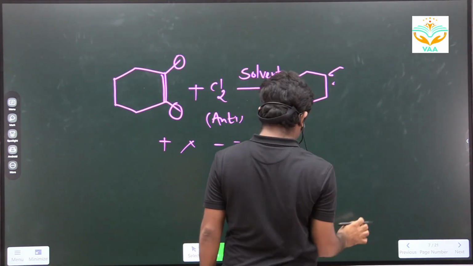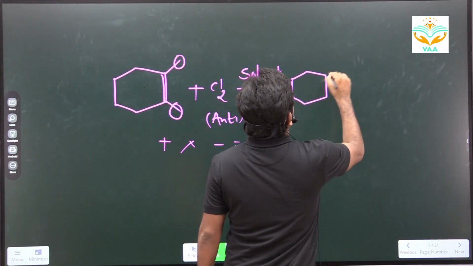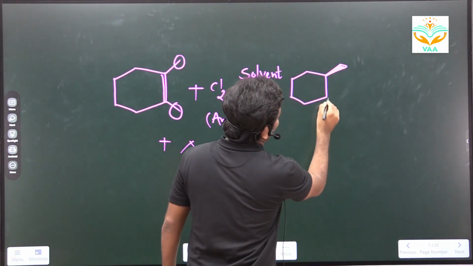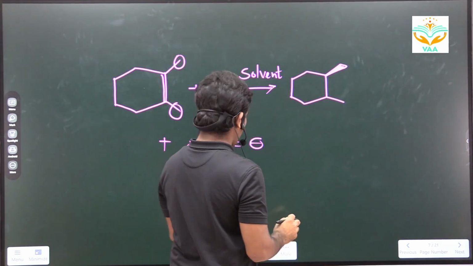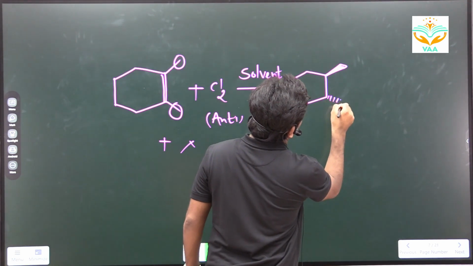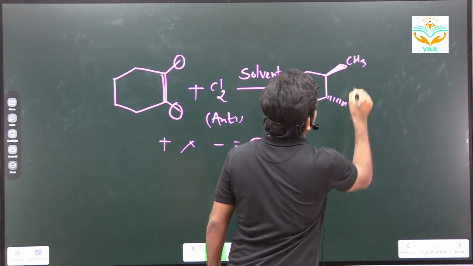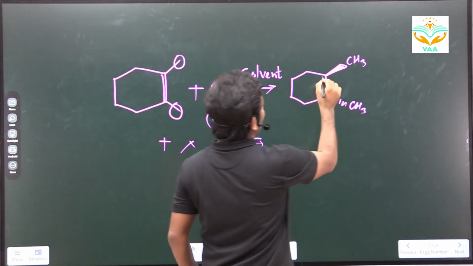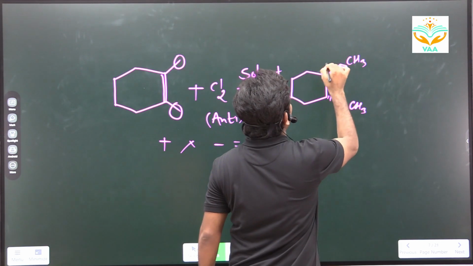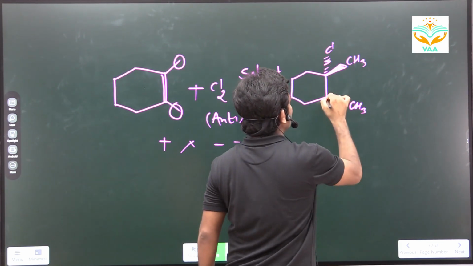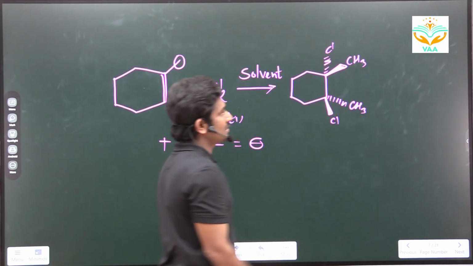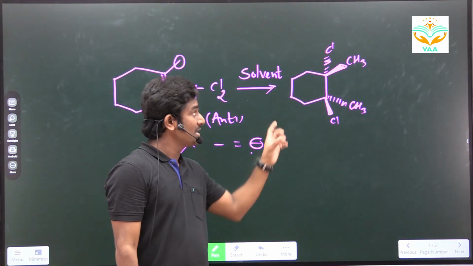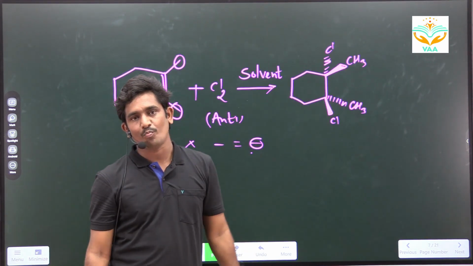One methyl is above and the other one is below. One CH3 is there, and what are we adding? Chlorines. One chlorine will come here. Okay, so one is below and the other one is above, because of this negative sign, because of minus, they will come on opposite sides.